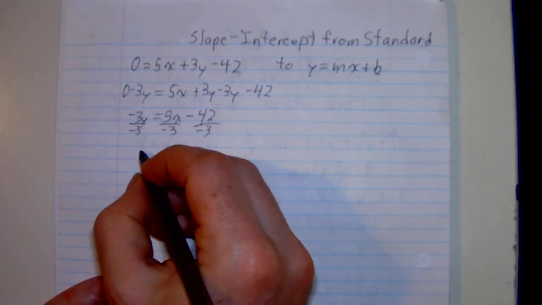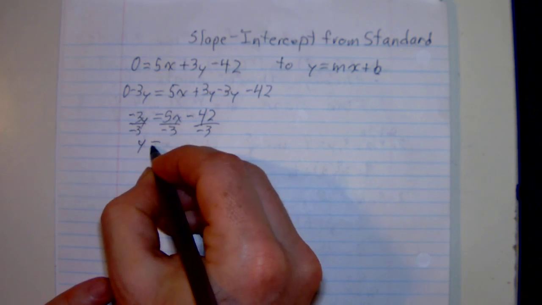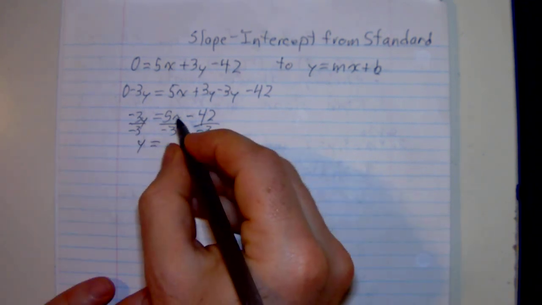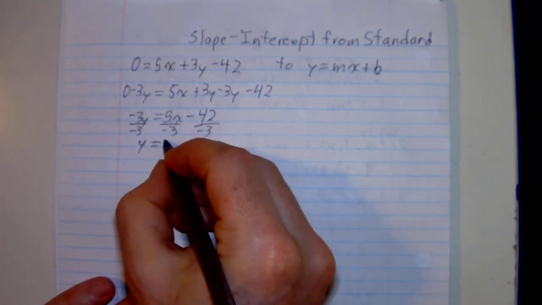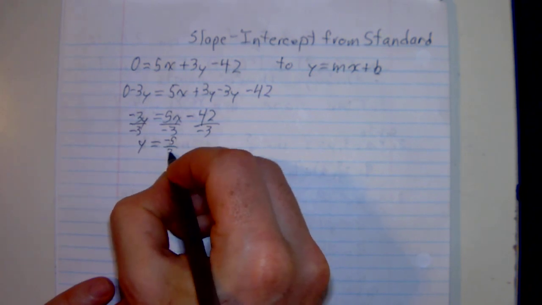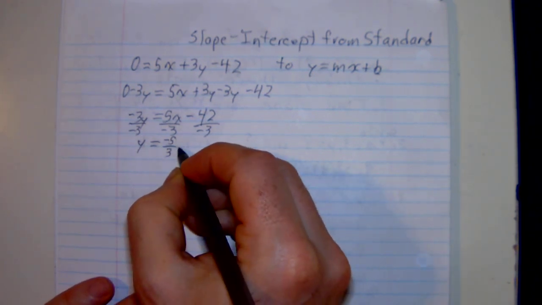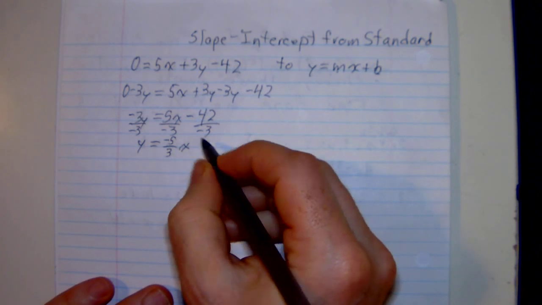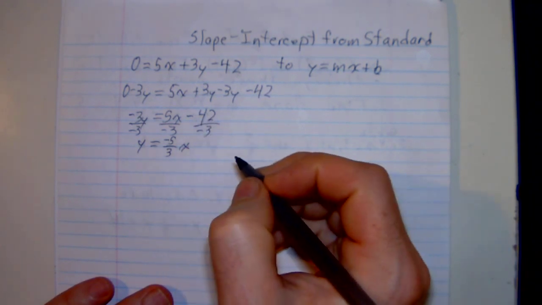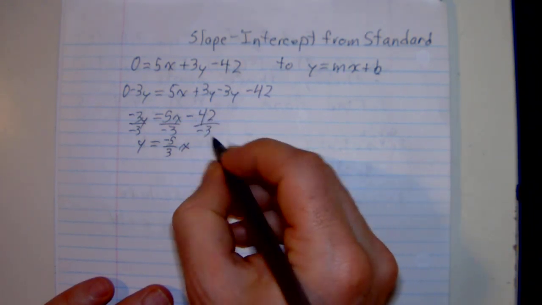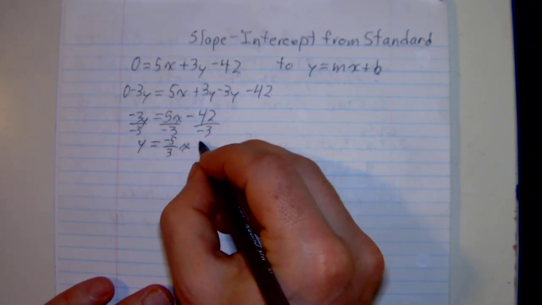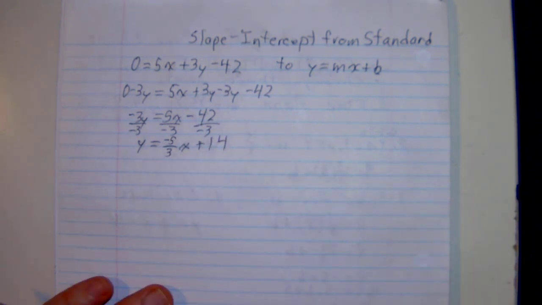Negative 3 divided by itself is 1. 1 times y is y. 5 divided by negative 3, well, we can move the negative to the numerator of the fraction, so we get negative 5/3 x. And then 42 divided by 3 is 14. Negative divided by negative is positive, so we have plus 14.